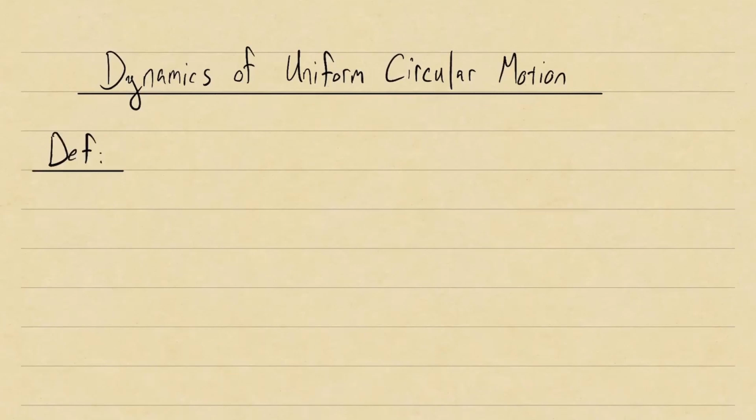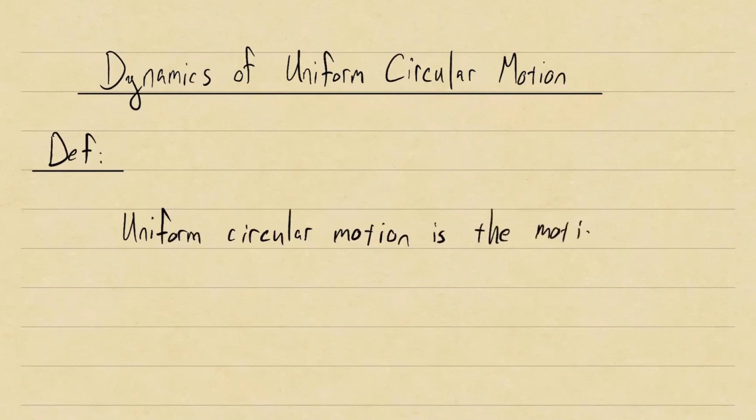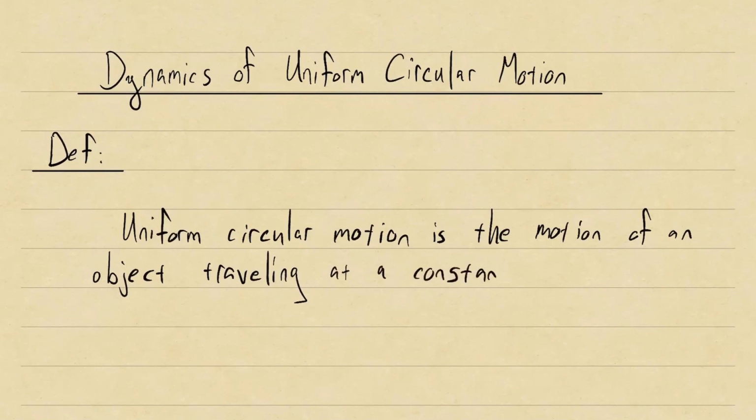Uniform circular motion is the motion of an object traveling at a constant speed on a circular path.